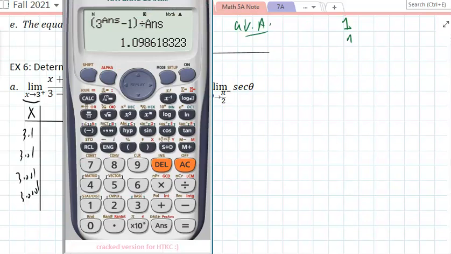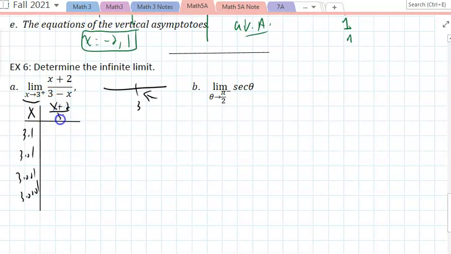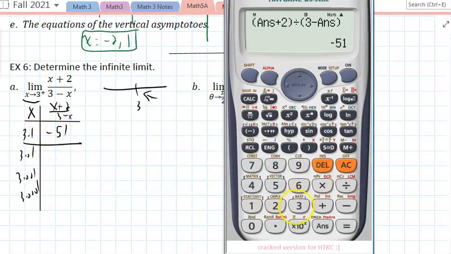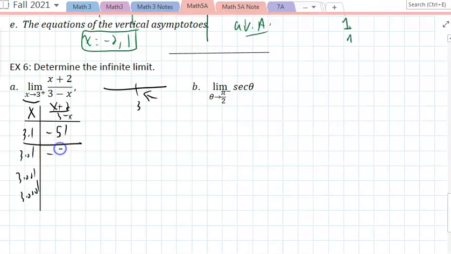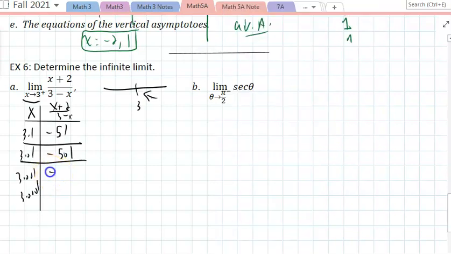Well, let's see. If I take 3.1, enter. If I take answer plus 2 divided by 3 minus answer, negative 51. And how about if I take 3.01? Negative 501. How about if I take 3.001? Negative 5001.